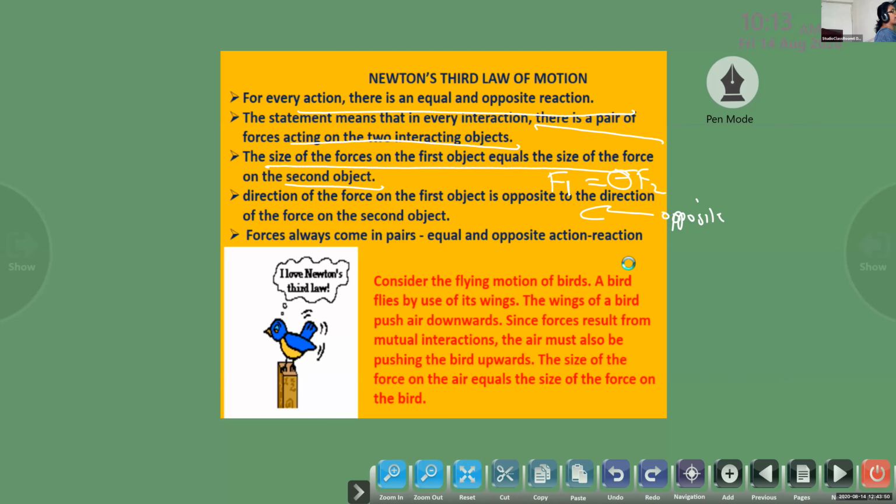So the reaction force is always in the opposite direction. So usually we write F1 is equal to minus F2, or we can also write F12 is equal to minus F21. In the conservation of momentum derivation, we have done that. So what do we mean by 1, 2? F12 means the force of the first object on the second object, and F21 means the force of the second object on the first object.